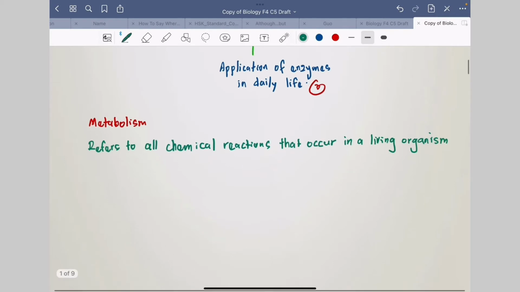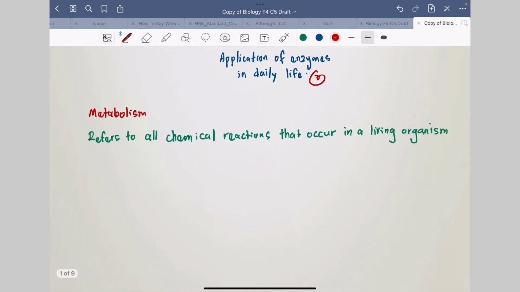And then there are two types of metabolism. The first one is catabolism. Secondly is the anabolism. What is the meaning of catabolism? It is the process of breaking down, the breakdown of complex substances into simple substances.